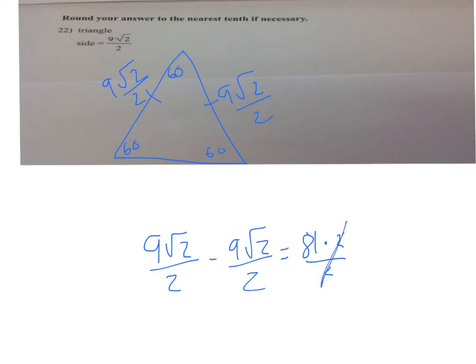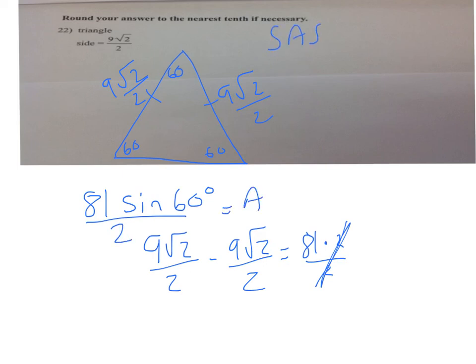So I can let my 2's cancel. So that would be 81, to make it a nicer number, times the sine of 60 degrees, divided by 2, would be the total area. That was using side angle side. I did this math right here just so you had a nicer thing to type into the calculator. Turn that into an 81 for you. And that'll work.